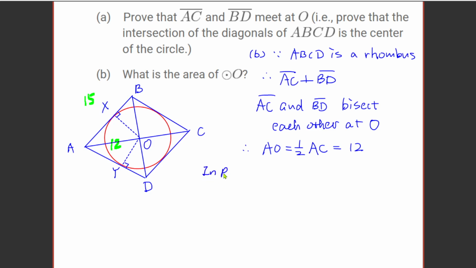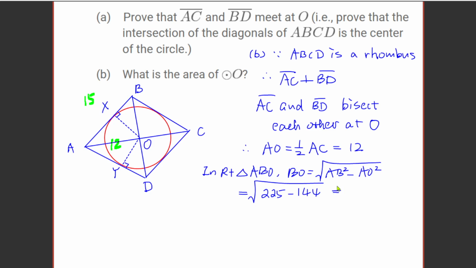Okay, so in right triangle ABO, we have BO equals the square root of AB squared minus AO squared. And this gives us 225 minus 144, right?